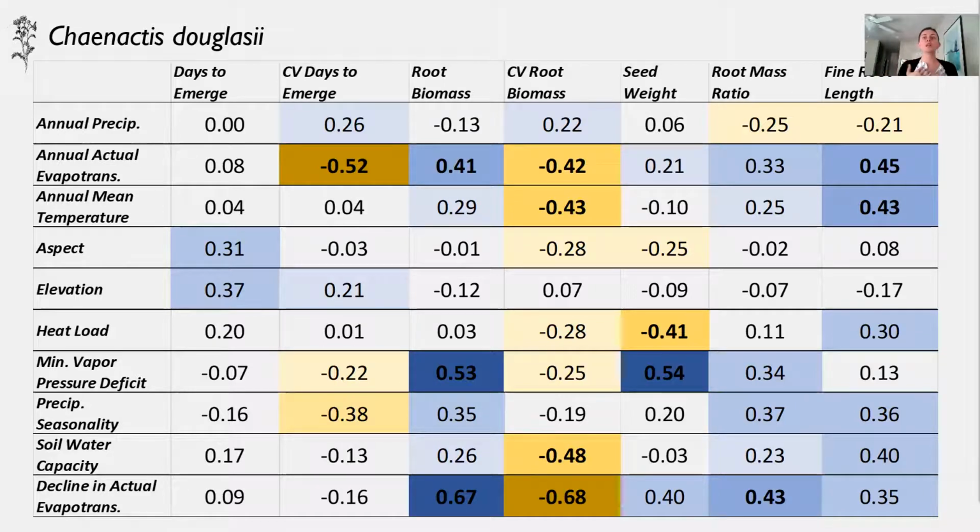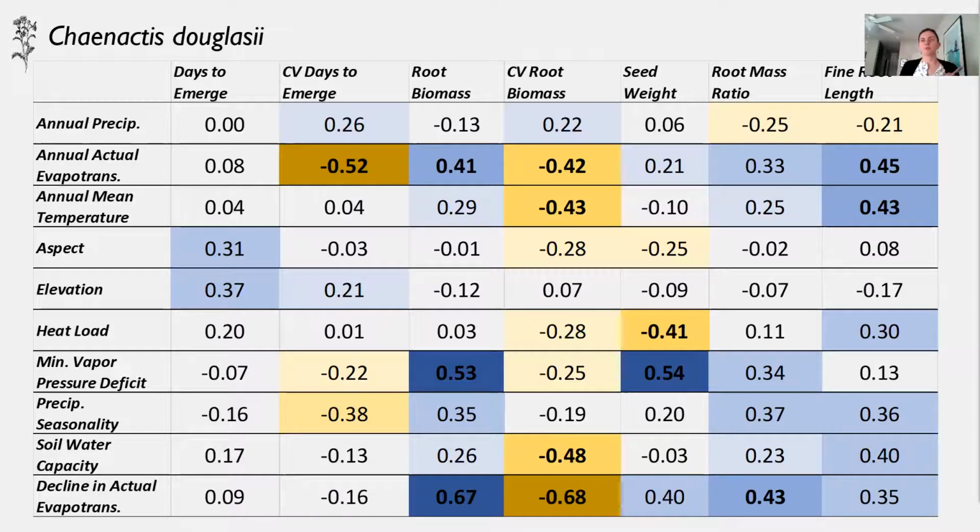There was also less variability in root biomass and greater fine root length from sites with higher temperatures, which was interesting. Each taxa, again, had its own unique set of relationships like this, so I can't really make as many broad generalizations here since they were all very unique.